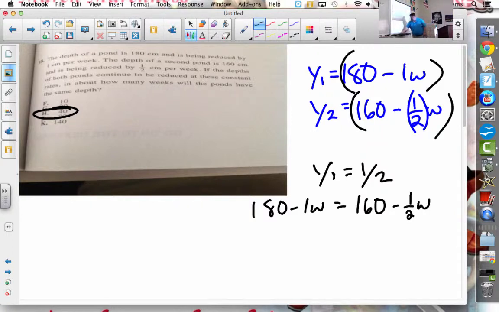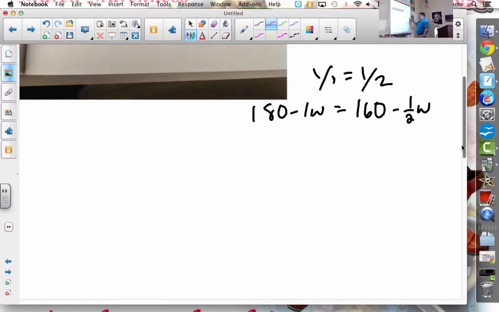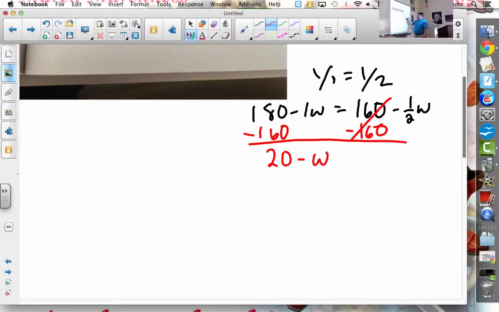Now, if I go and solve this algebraically, watch what I get. W represents the number of weeks. If I subtract 160 from both sides, this cancels, and I get 20 minus w is equal to negative 1/2 w.